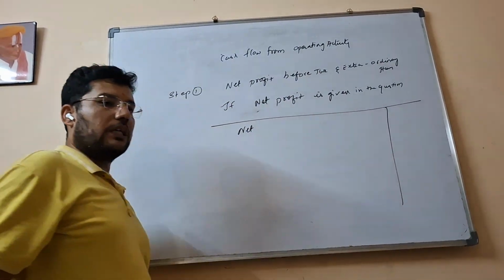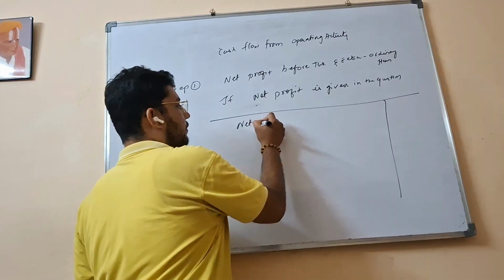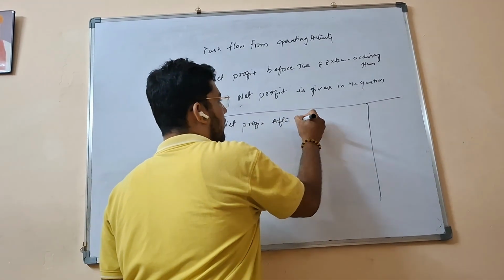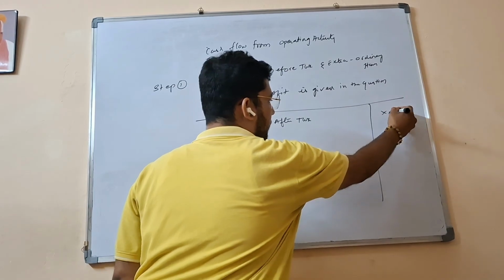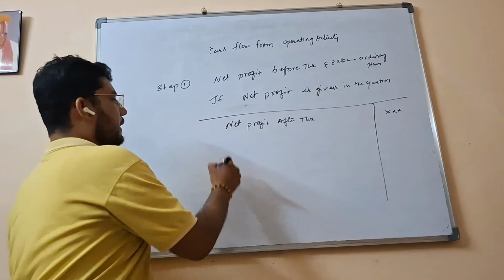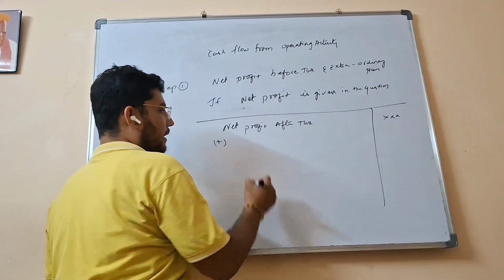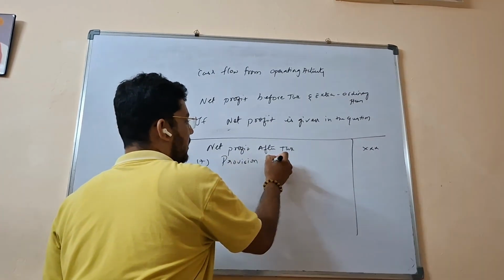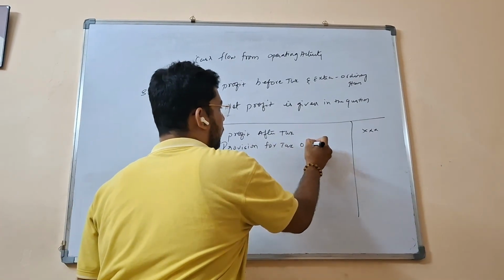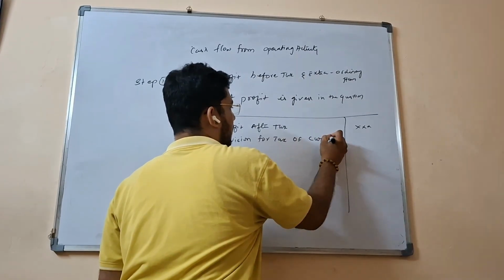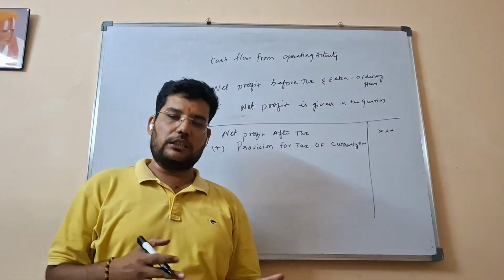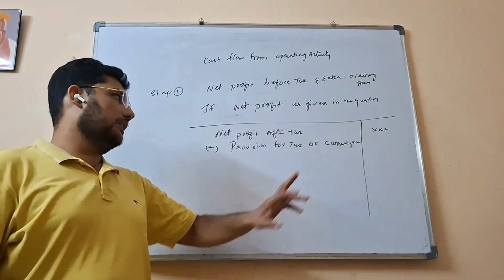This we can show in working notes. So net profit after tax, whatever is the value given. To that, you are going to add provision for tax of current year. 2 years of information is given, let us say 2022-23, so 23 is the current year.